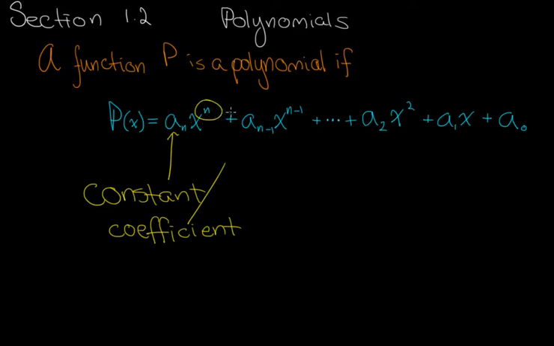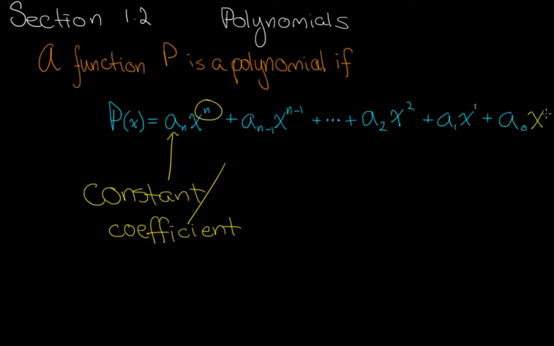Alright, so you might be looking at this and wondering, what is this? Well, all this giant thing is saying is that this is what a polynomial is. It's a term to the highest degree plus a term of a degree lower than that, and so on, all the way to a term of degree 2 plus a term of degree 1, technically there's an x to the 1 here, plus a term of degree 0.